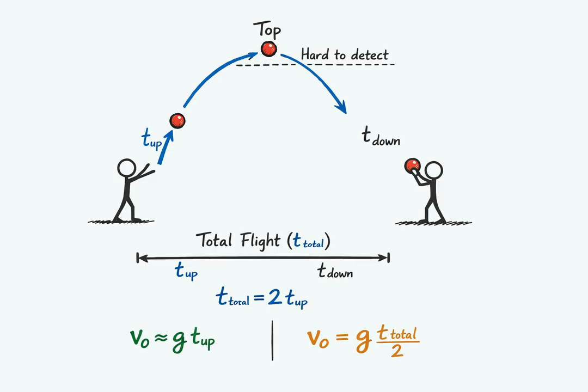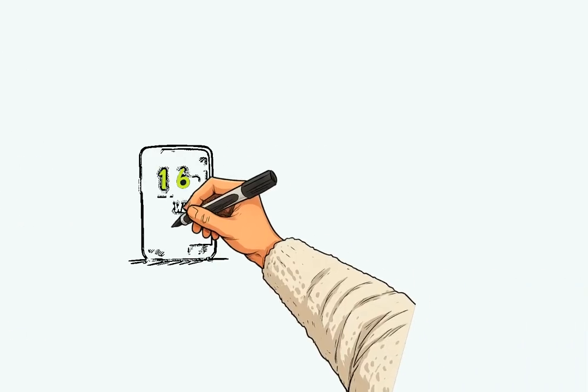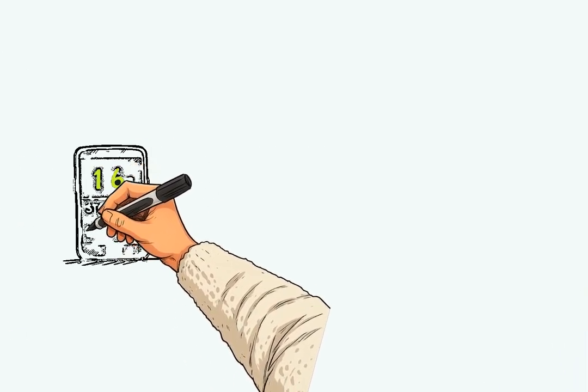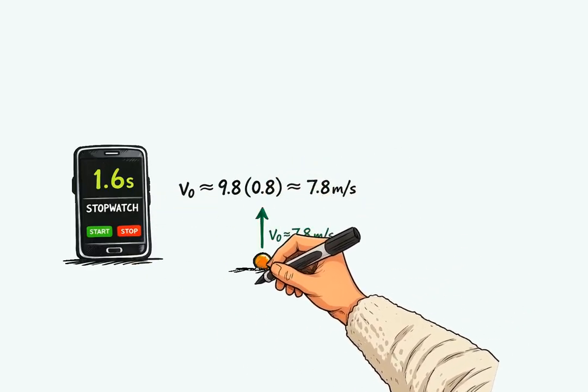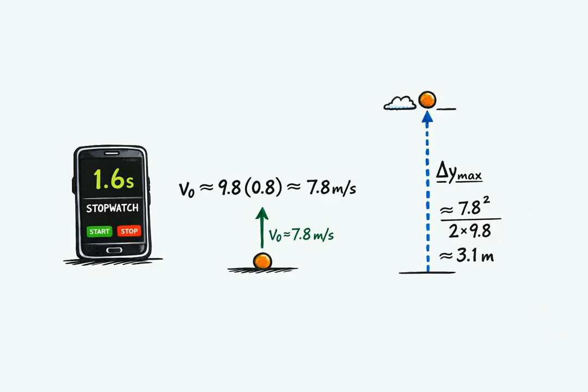In the ideal model, if the ball is caught at the same height it was released, the time up equals the time down, so t_total = 2t_up, and v₀ = g × t_total/2. A phone stopwatch might give t_total ≈ 1.6 seconds, implying v₀ ≈ 9.8 × 0.8 ≈ 7.8 meters per second.